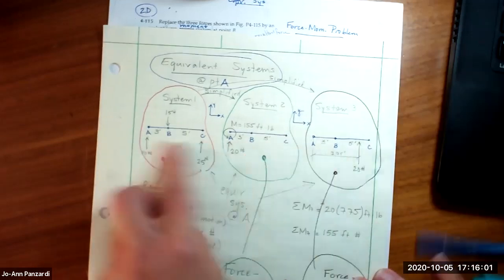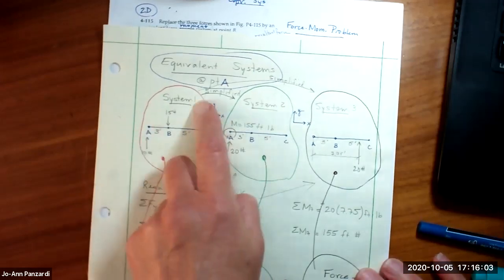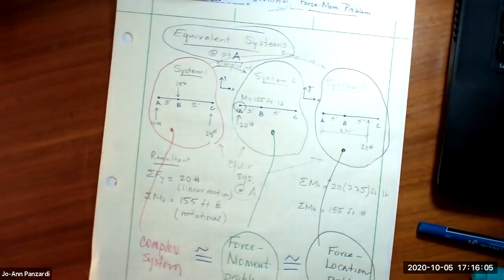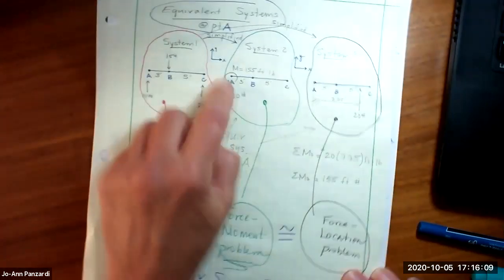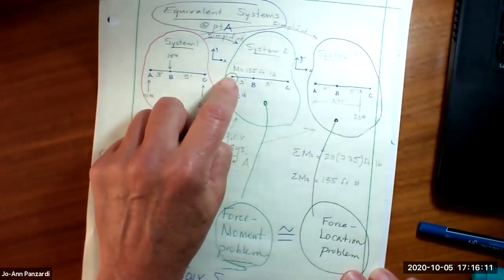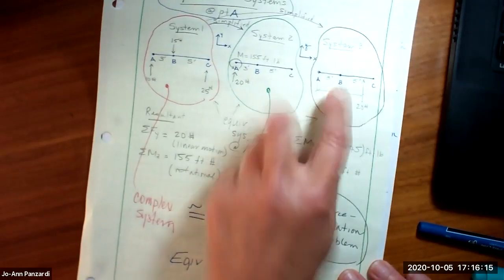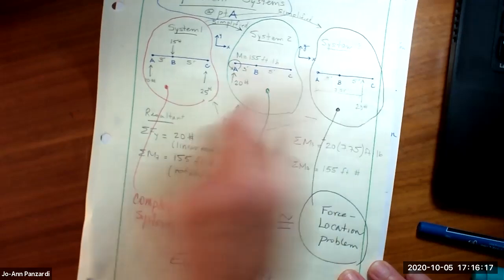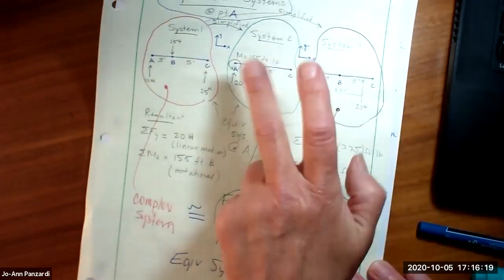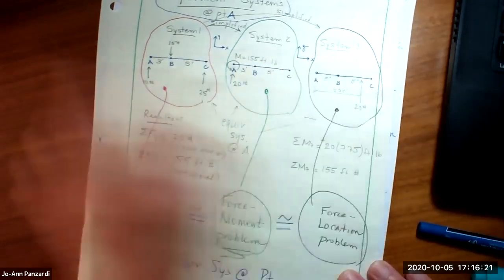We could take all these forces and reduce it, simplify it to a force moment problem, where I have a force and a concentrated moment at the point in question, or I locate a force at a certain distance. So these are two equivalent systems to this. This is a force moment, and this is a force location.